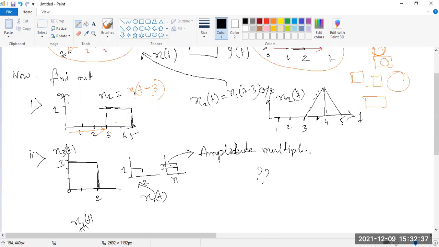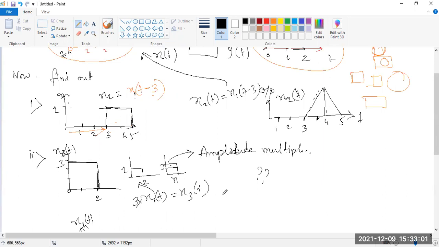I'm just giving the names; you may put xa, xb, xc, whatever. If this is the x1 signal and we multiply by 3, then we will get the x3 signal. Nothing more, that is amplitude multiplication.